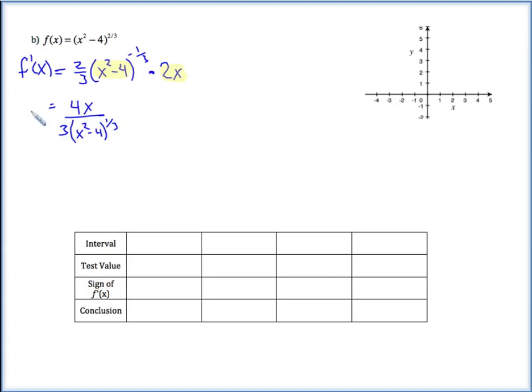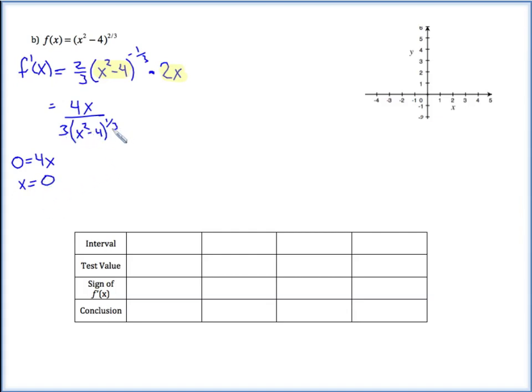Okay, so now we need to find where this equals 0 and where this does not exist. So remember, it's going to be 0 where the numerator equals 0, okay, which is at x equals 0.